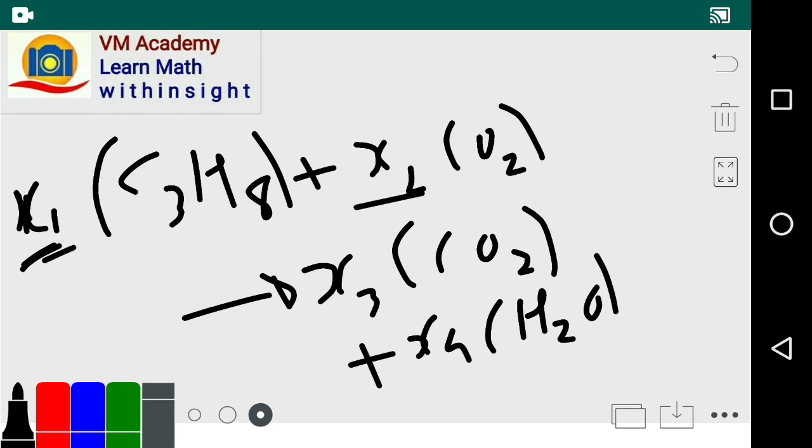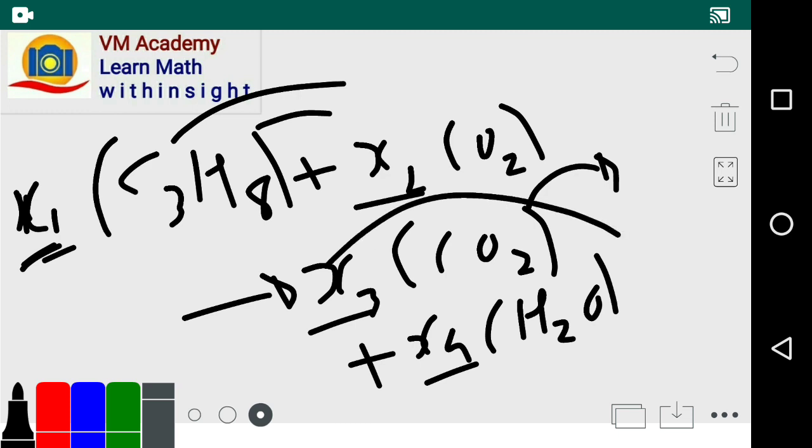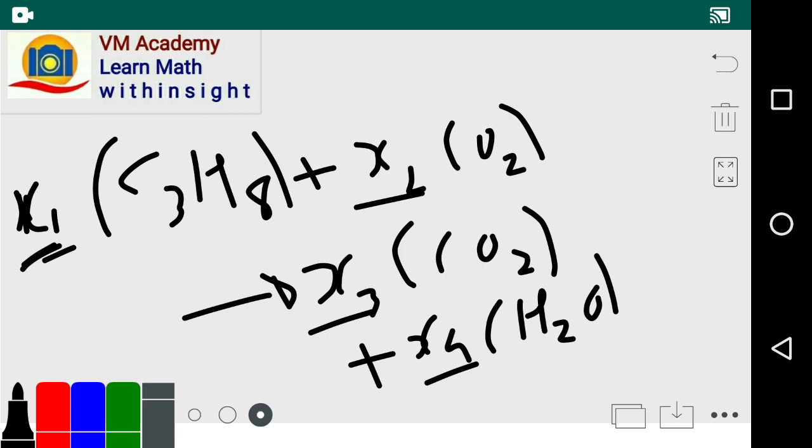to figure out x1, x2, x3 and x4, so that the number of carbon atoms on left side must be equal to number of carbon atoms on right side. Similarly, number of hydrogen atoms on left side must be equal to number of hydrogen atoms on right side, friends. And similarly, number of oxygen atoms on left side must be equal to number of oxygen atoms on right side. Here 3 carbon, C3, 3 carbon atoms are there.